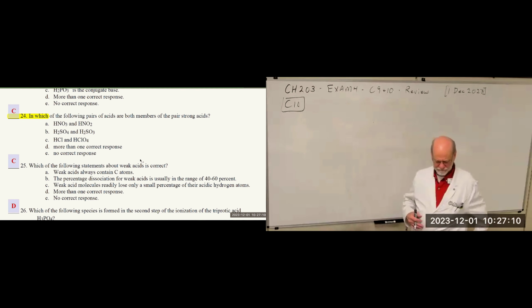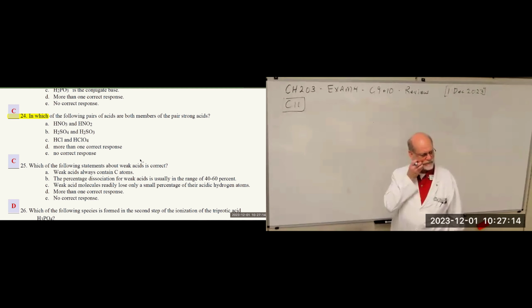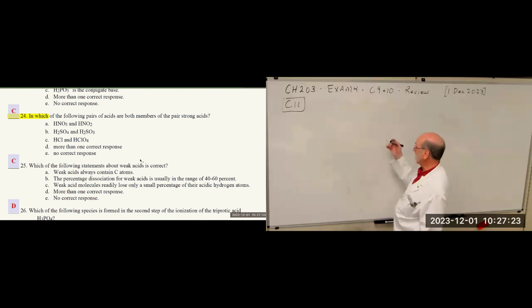In fact, if we look at the progression, remember when we were discussing the polyatomic ions? We had the chlorate type: perchlorate, and then we had chlorite, and then hypochlorite.